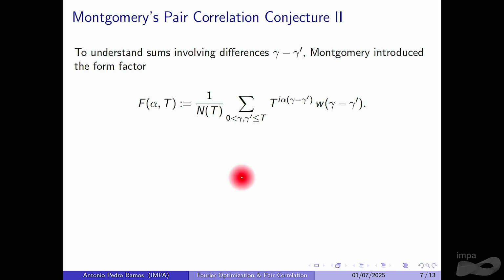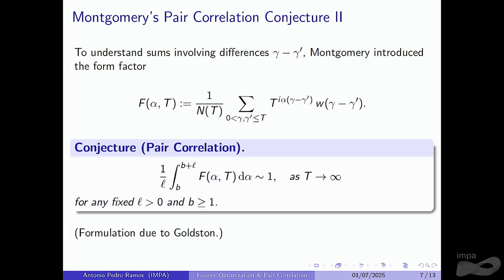You do this exponential sum over all pairs of zeros up to a certain height in the critical strip of this oscillatory factor, T to the i alpha times gamma minus gamma prime, times a weight that allows everything to converge properly and introduces a nice decay. The conjecture of Montgomery can be equivalently stated as a statement about averages of this F function.